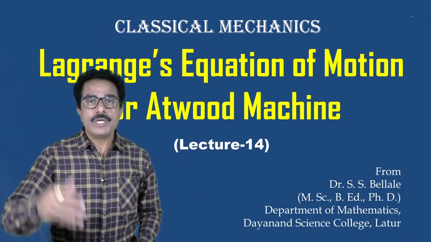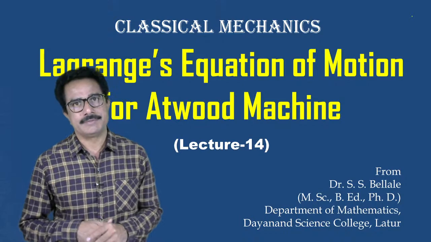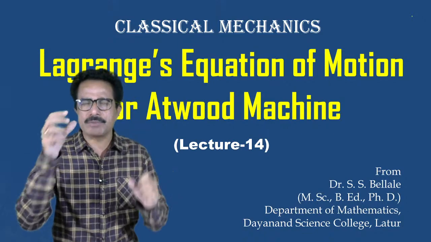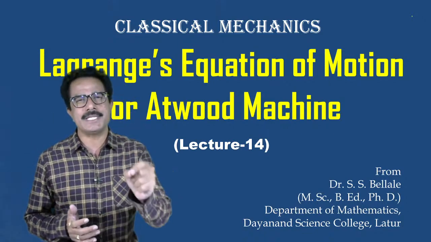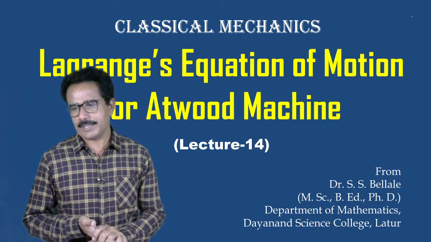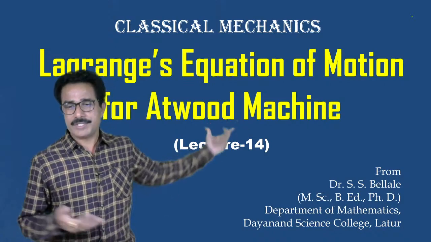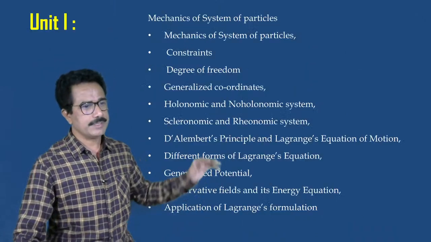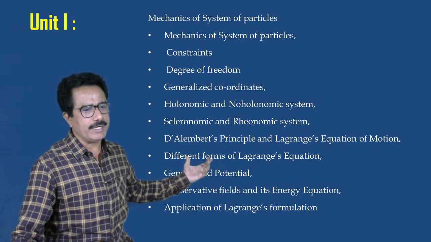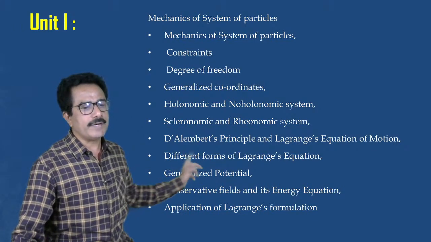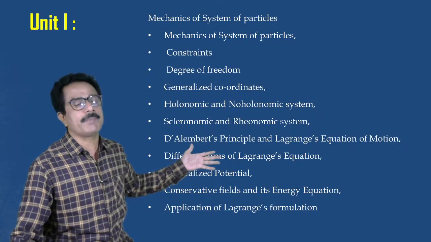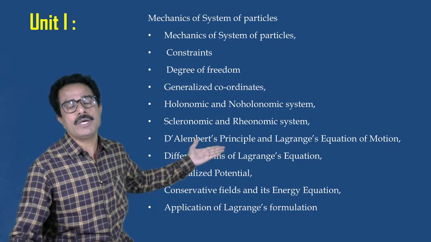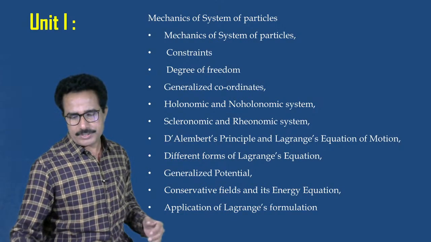Actually, we have to find the equation of motion for the Atwood machine. This is a particular type of machine, and it does a particular type of work. We are solving problems based on Lagrange's equation of motion.